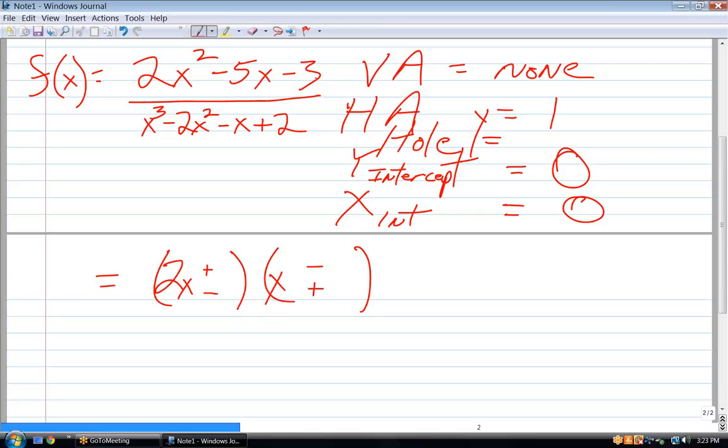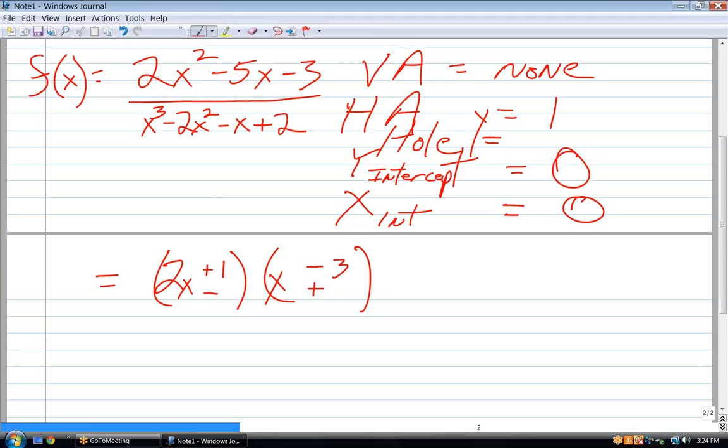But there aren't that many factors of 3 for me to try, so let me just start from the get-go by trying 3 and 1. Does that work? No. In other words, 3x minus 2x does not equal minus 5x. So let me try 1 and 3. That's pretty much the way I do this, by just trial and error. Does that work?